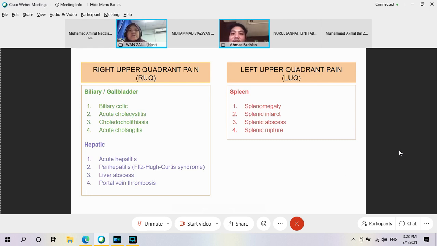For the hepatic, we have acute hepatitis, perihepatitis, liver abscess, and portal vein thrombosis. For the left upper quadrant pain, we have from the spleen: splenomegaly, splenic infarct, splenic abscess, and splenic rupture.